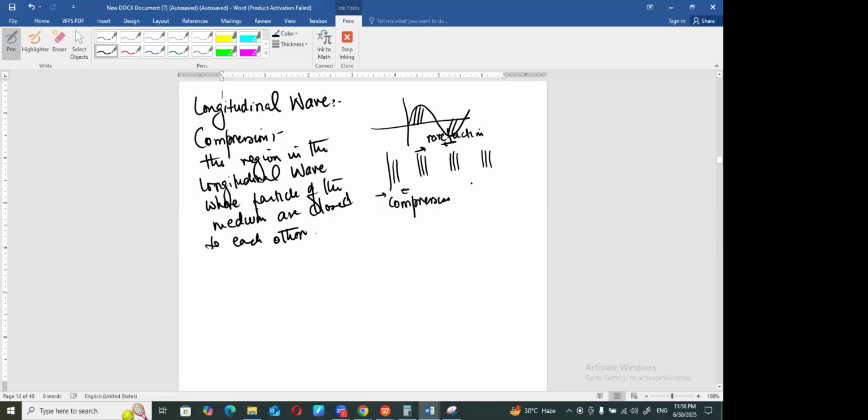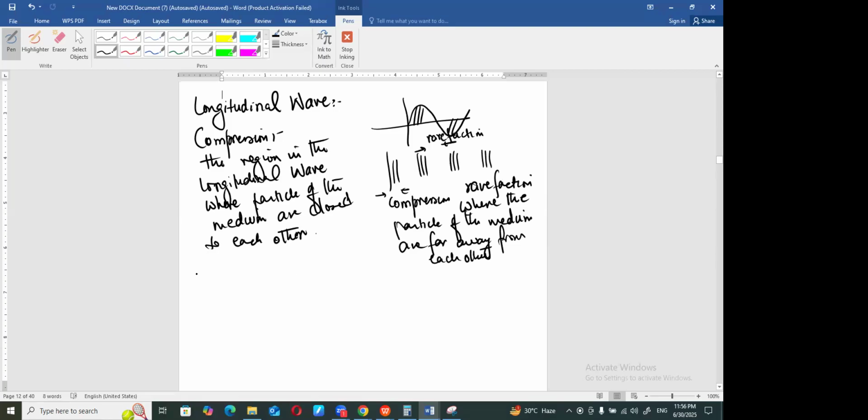And rarefaction, where the particles of the medium are far away from each other.